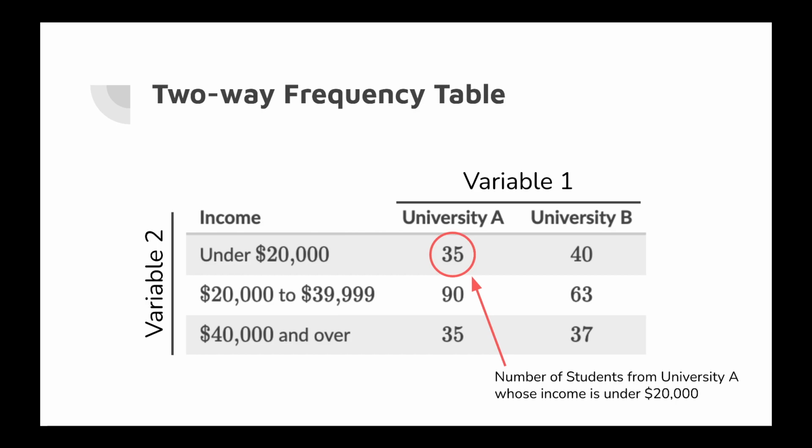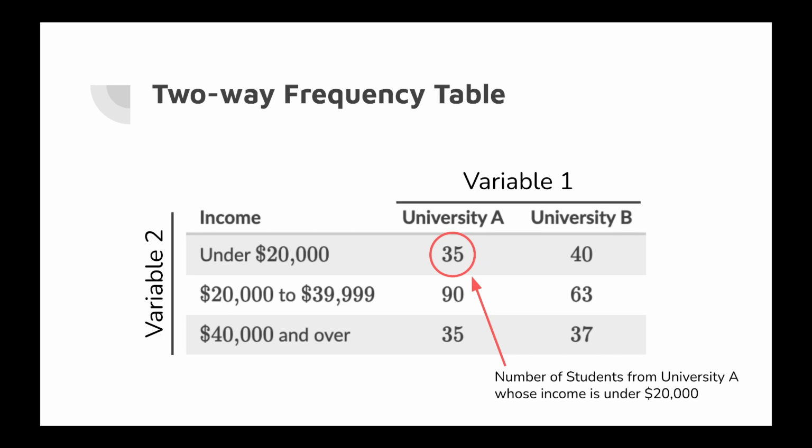The two-way frequency table, on the other hand, consists of two variables. Let's take a look at this table. It has variable 1, which is university, and variable 2, which is income level. In this case, the number in the table represents the frequency of the data that satisfies both conditions.